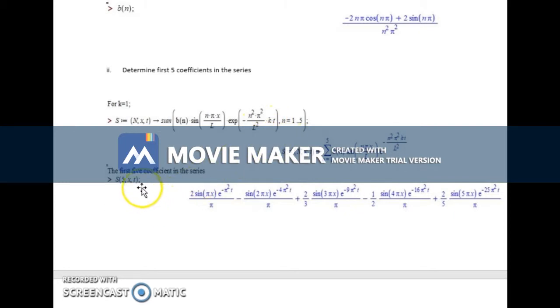And this is the first 5 coefficients in the series, so we need to change n equal to 5. So we get 1, 2, 3, 4, 5.